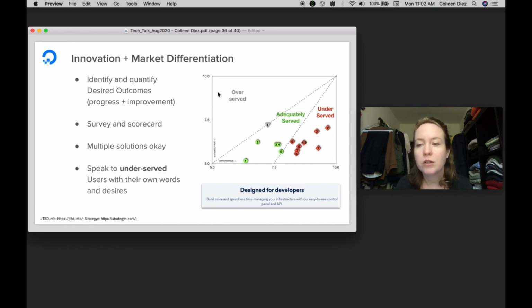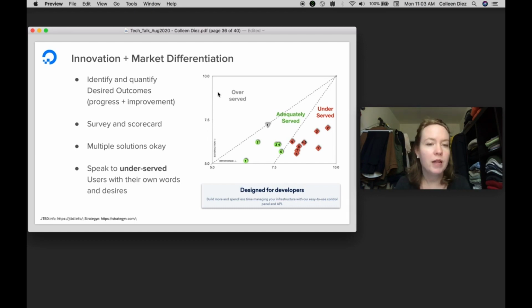Something that's underserved would be very important. It would have a high importance score to the customer, but a lower satisfaction level. If you can understand how your competitors are not serving customers well, then that's an opportunity for your product or company to innovate.